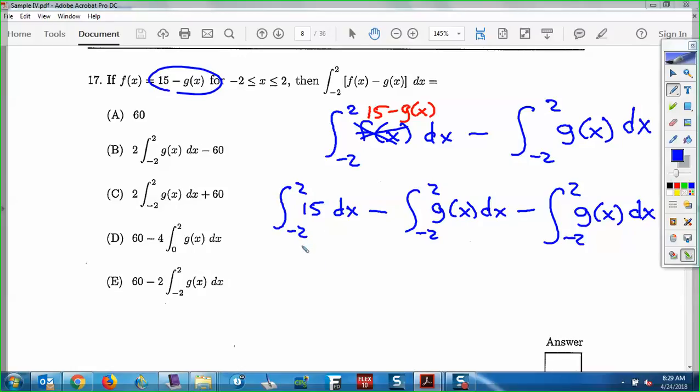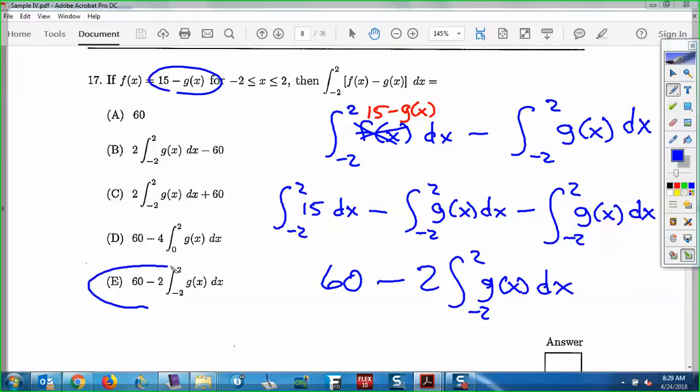Horizontal line at 15, negative 2 to 2, a 4 by 15 rectangle, which is 60. And so 60 minus 2 times the integral from negative 2 to 2 of g of x dx. So this one. Okay, so just properties of integrals, splitting it apart, doing stuff like that.